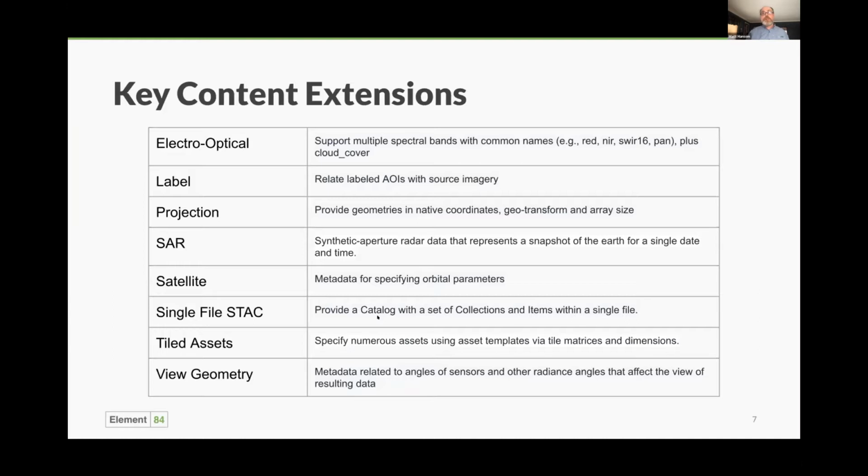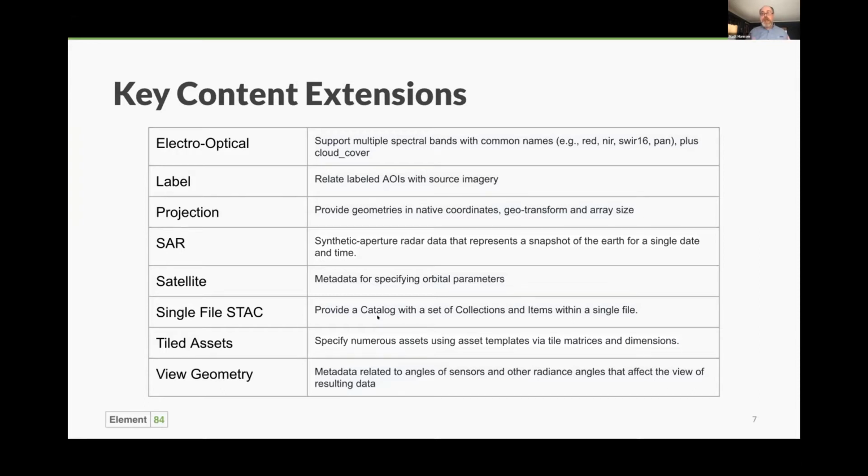All of the information is included right within the STAC file, which is pretty cool. The satellite and view geometry extensions contain additional information on the collects. And the single file stack is unusual in this list because it's not really a content extension like the rest of these are.